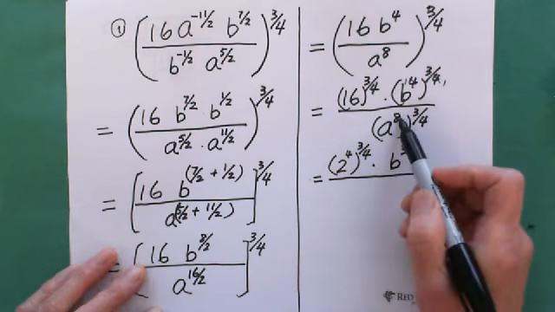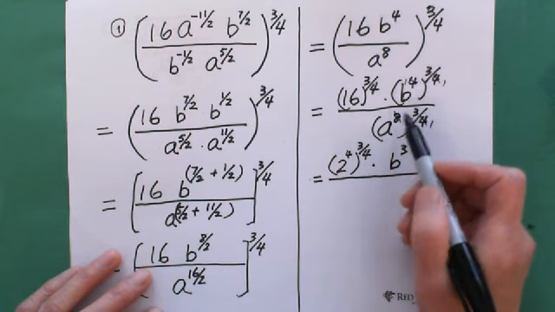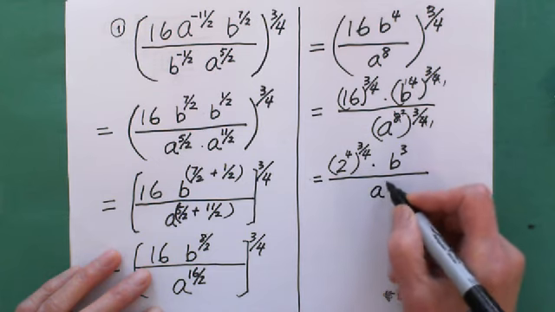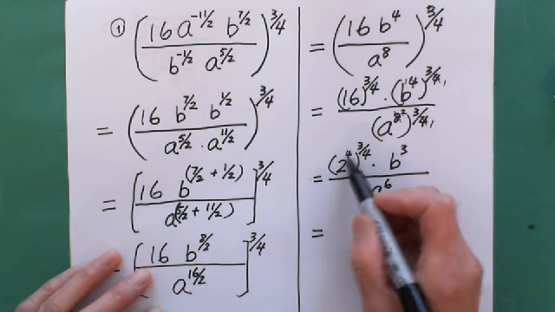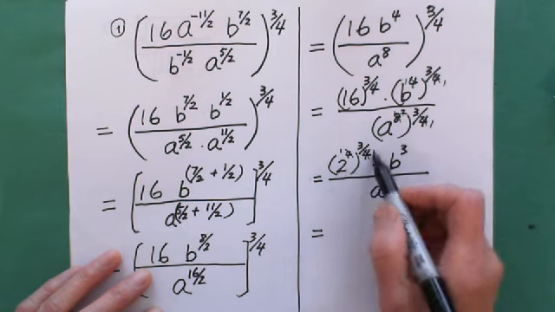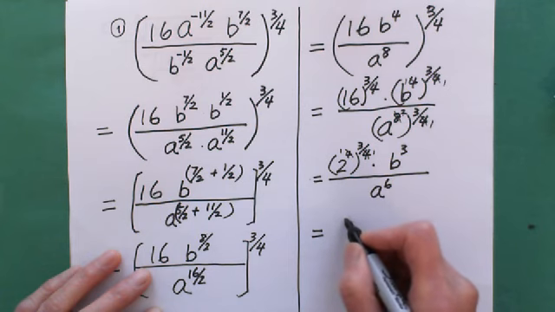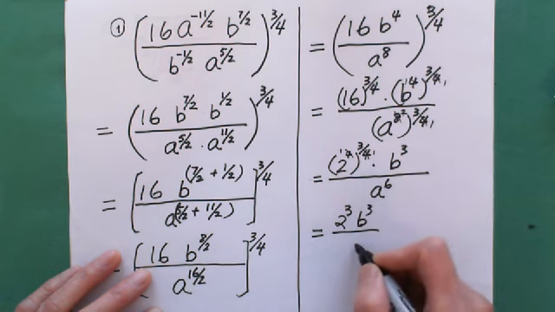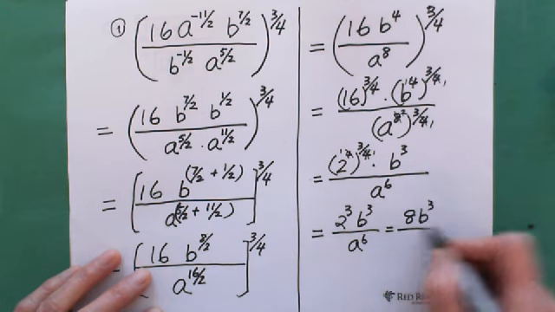The bottom, a is 8 over 1 multiplied by 3 over 4. 8 simplifies with 4, you get 2. 2 times 3, you get 6. And for the 4 exponent, this 4 cancels with the denominator 4. That's why 2 to the 3 exponent, which equals 8, right? So we have 8 b cubed a to the 6, which equals 8 b cubed over a to the 6 exponent.